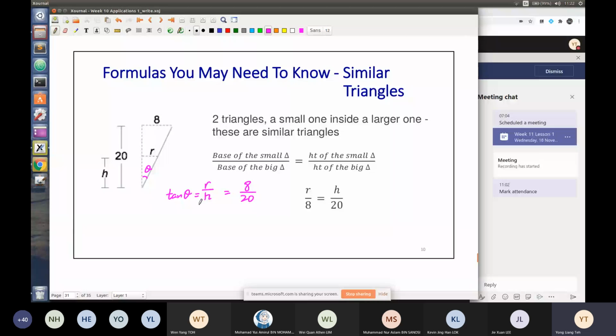Clearly, this represents the equivalence of the two ratios. So if you just cross multiply, you get this expression here. It doesn't matter how you write it. For similar triangles, you can always write it in this form or this form. Both are definitely correct.